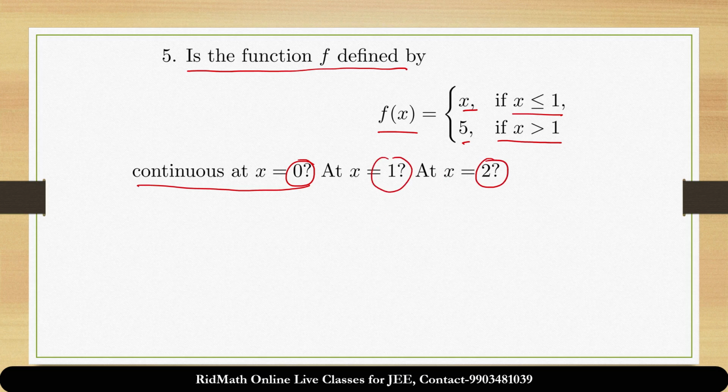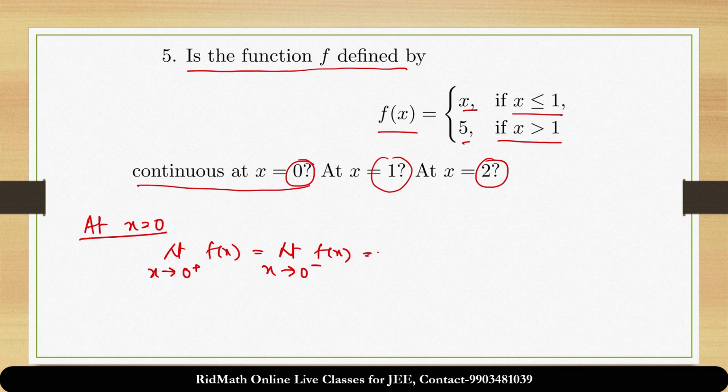So now check first at x equal to 0. We will not check all the values, because limit as x tends to 0 plus of f(x) is equal to limit as x tends to 0 minus of f(x), and also f(0). These three are all equal to 0, because x equal to 0 is less than 1.